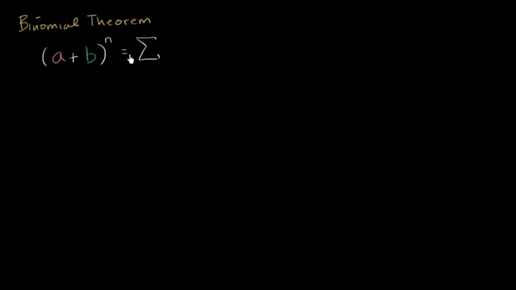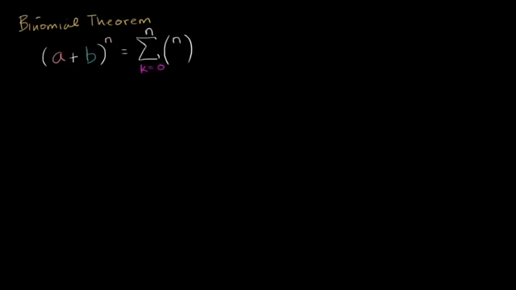It is going to be equal to the sum from k equals 0 to n, this n and this n are the same number, of n choose k.